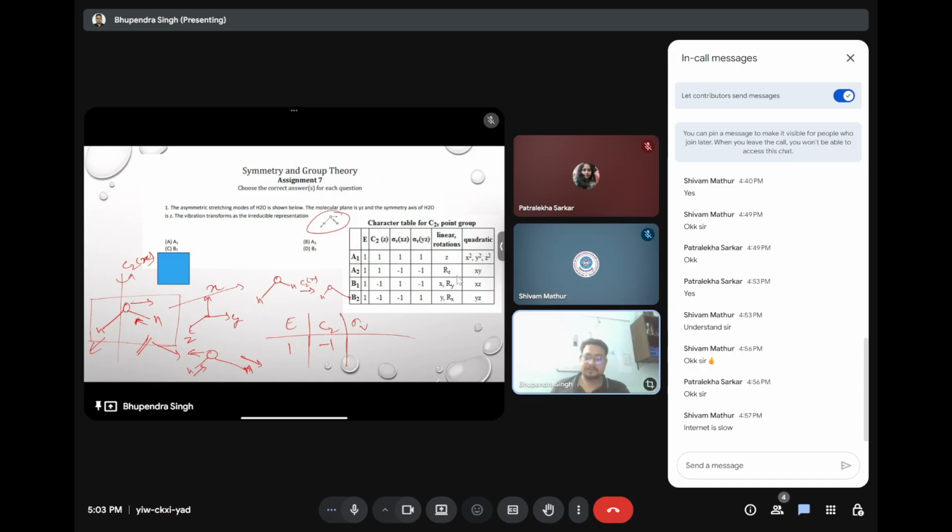It is not symmetric because it is not an equivalent orientation. It is asymmetric stretching, which is why this is -1. And sigma v, which also contains the C2 axis, will reflect and exchange the two hydrogen atoms, so it will be -1.